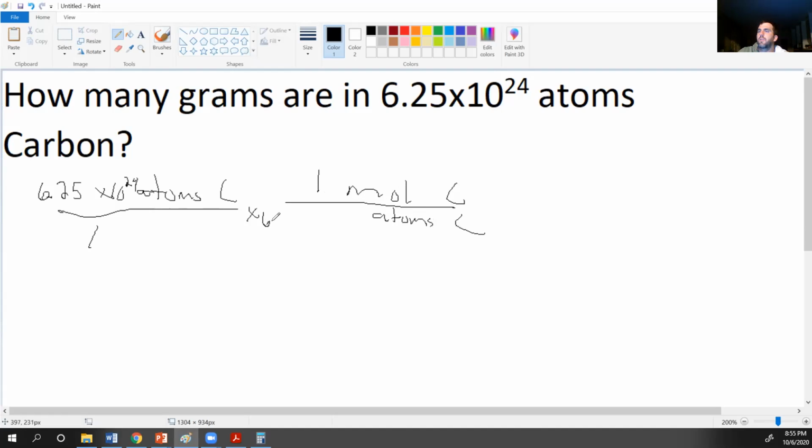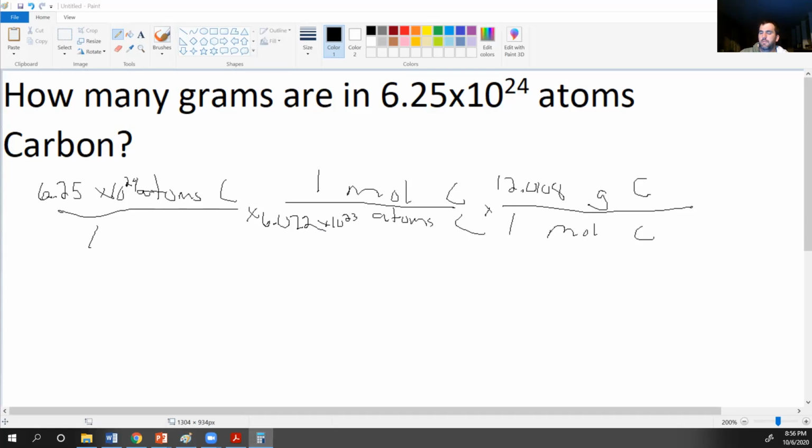The Avogadro's number goes in front of atoms, so 6.022 times 10 to the 23 times mole C on the top, 1 mole C, and I know that the molar mass of C goes on top, so gram C, and that's 12.0108. Now to solve this out, I would do 6.25 times 10 to the 24th times 12.0108 divided by 6.022 times 10 to the 23.